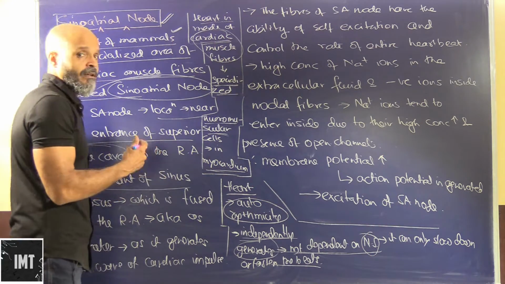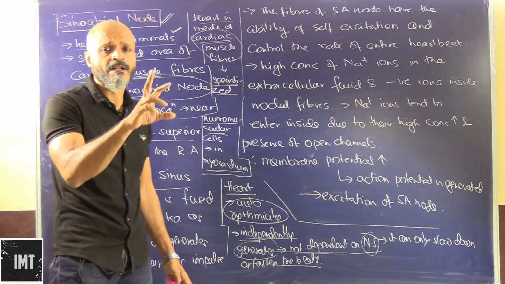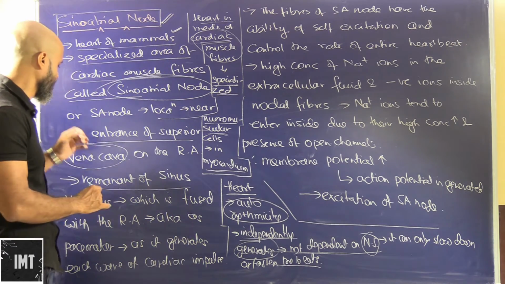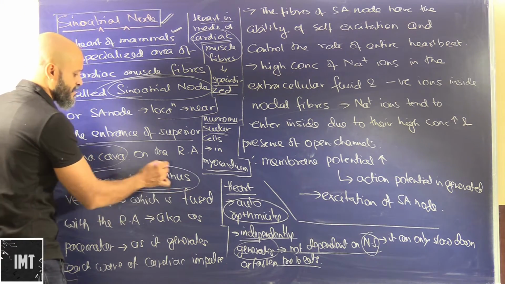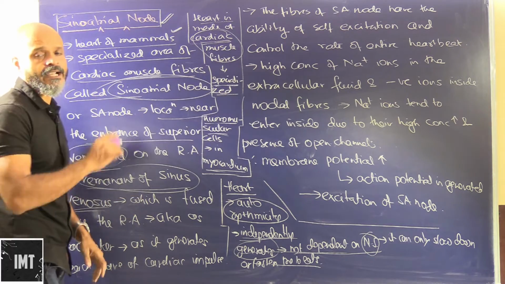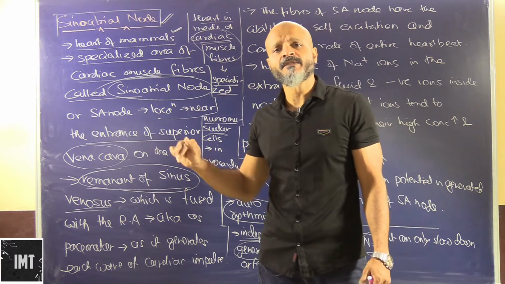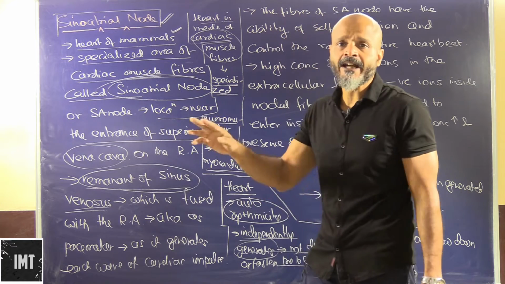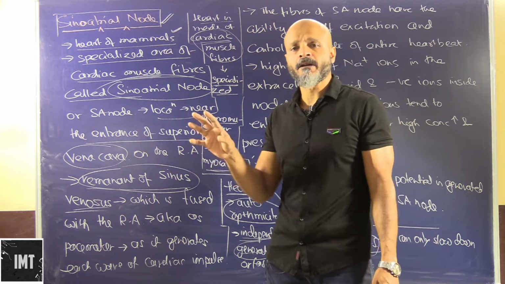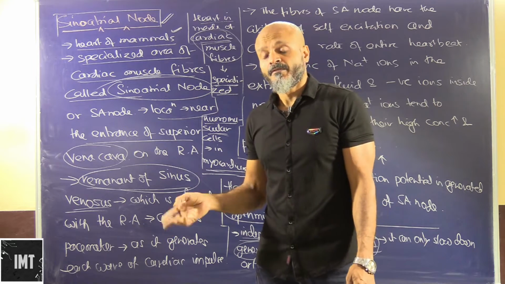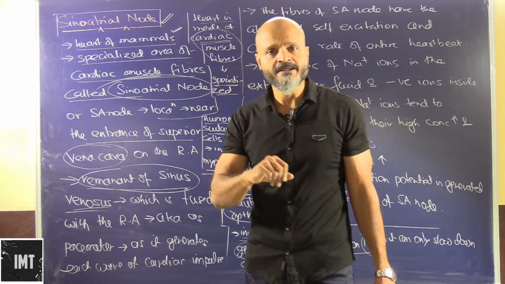At the start of the structure of the human heart, we saw that the sinus venosus is fused with the right atrium, and the sinoatrial node is the remnant of the sinus venosus, which we find almost exclusively in fishes and amphibians as well.